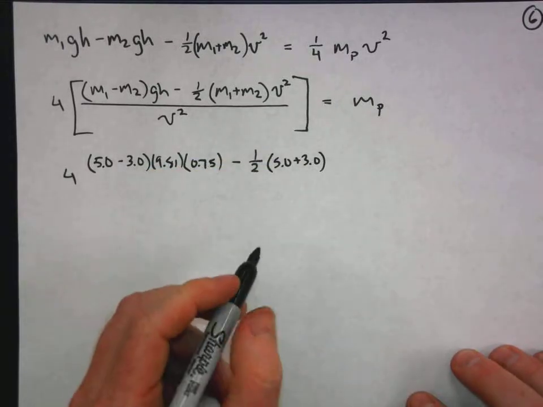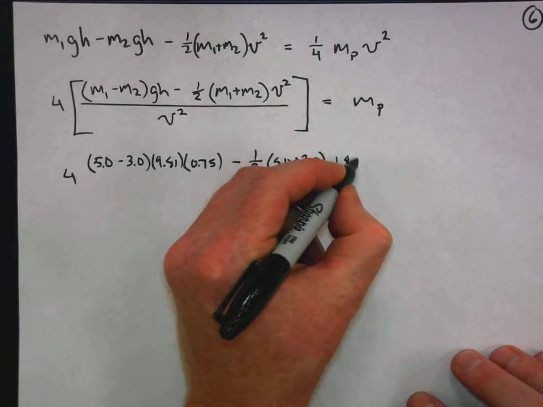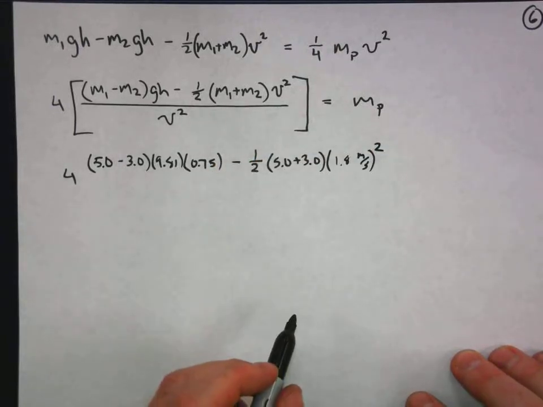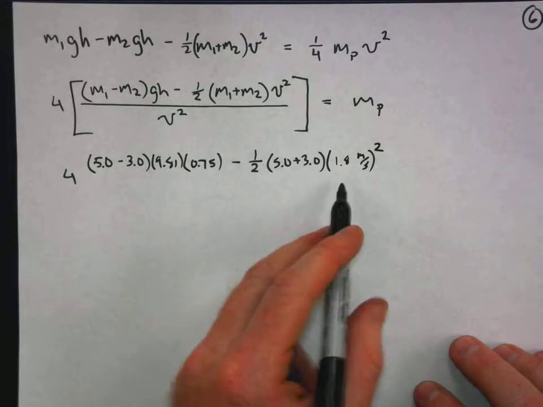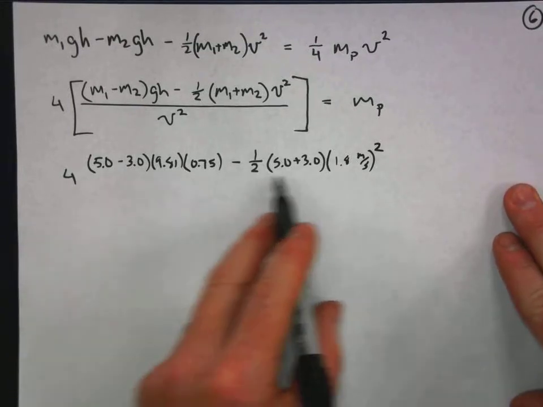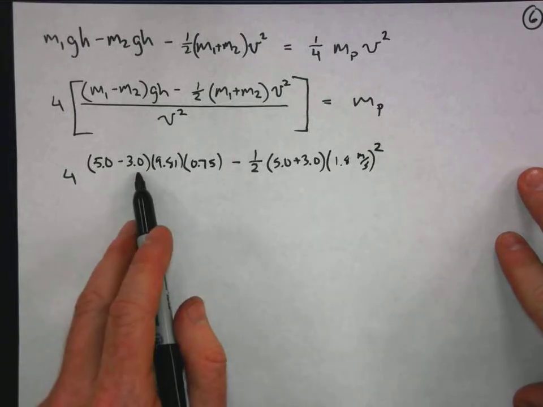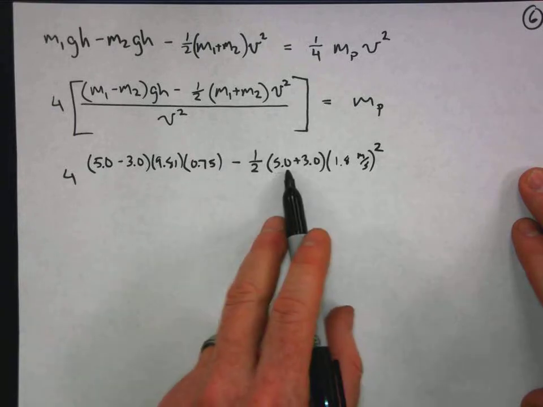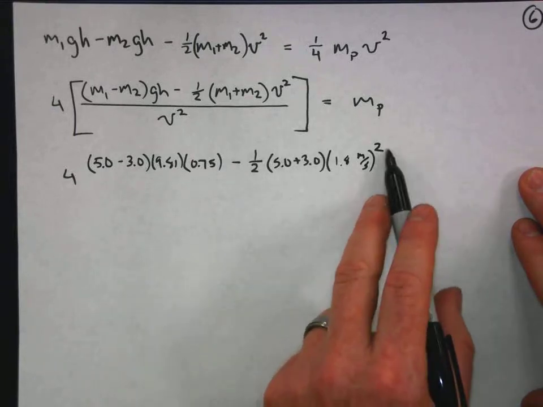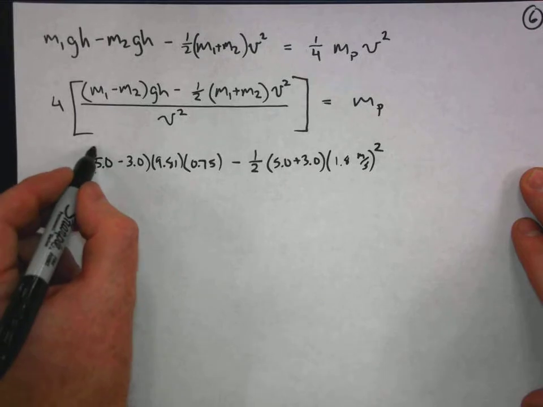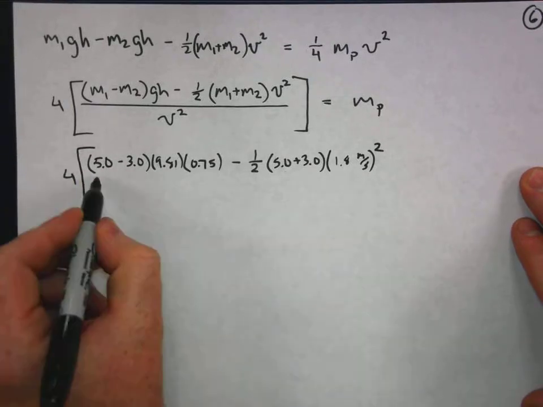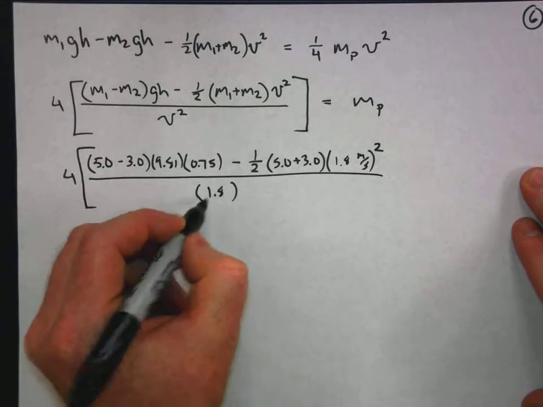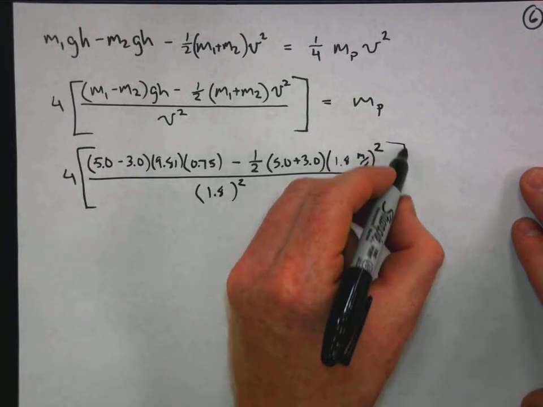V squared, I know the velocity was 1.8 meters per second, and that's squared. I don't know why I just wrote the units, but I had been trying to save space by not writing units out. These are masses. That's acceleration. That's a height. These are masses. This is a velocity. But don't lose track of that exponent. That is such a common mistake, to lose track of an exponent. And this is over 1.8 squared. Don't lose track of that exponent either.